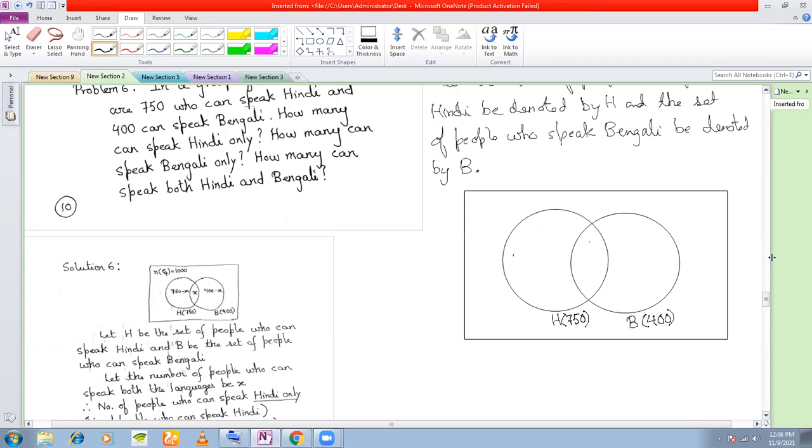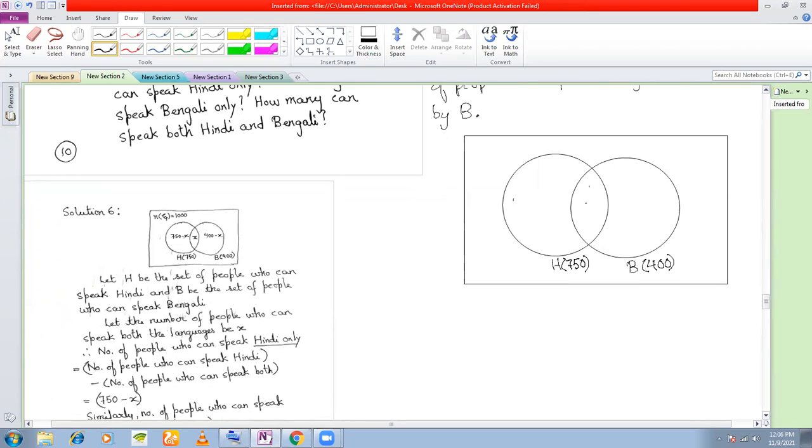Now, whenever you get a Venn diagram question and you don't know the common part, always assume this common part to be X and start there. Okay. And this X represents what? This represents the common part, which is the number of people who can speak Hindi and Bengali both.